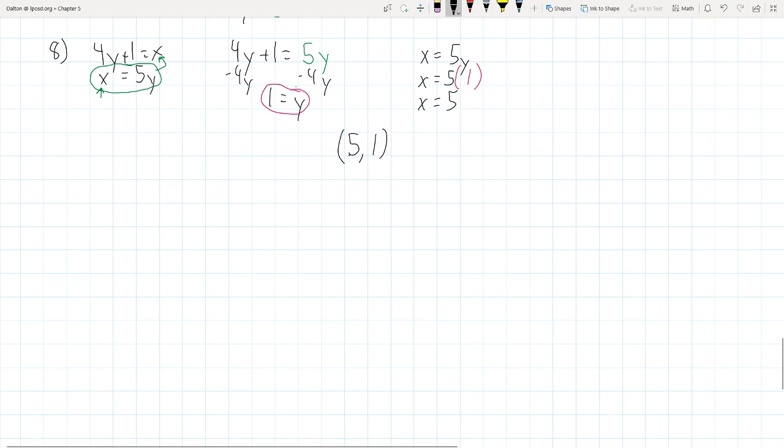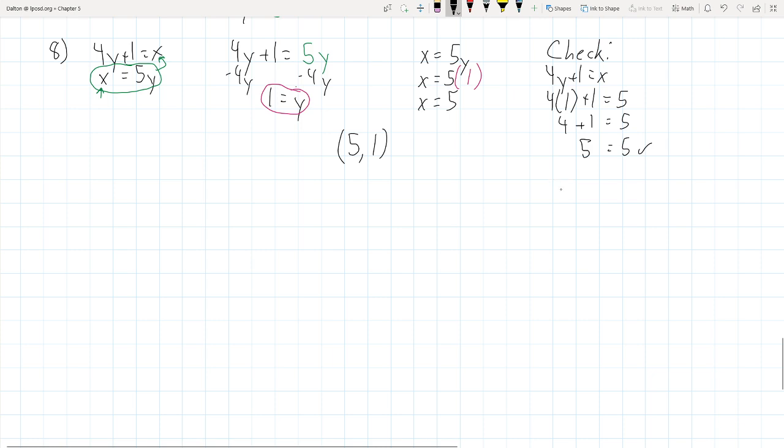If I plugged both of these onto a graph, they would intersect at this location. We'll make sure that it works though. So if I have 4y plus 1 equals x, I go 4 times 1 plus 1 needs to equal 5. 4 times 1 is 4, plus 1 equals 5. 5 equals 5.